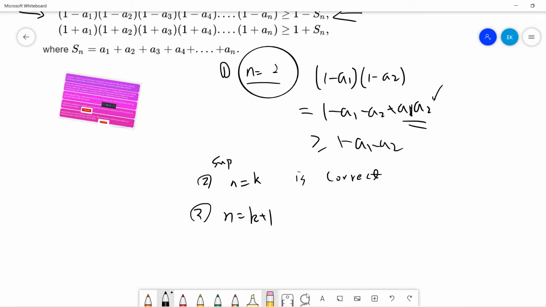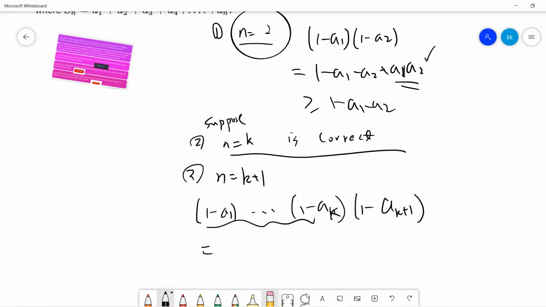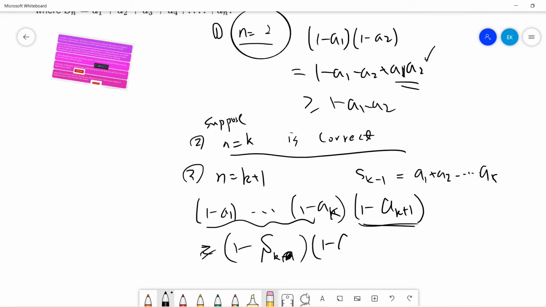So we get the product up to (1 minus a_k) times (1 minus a_(k plus 1)). By the n equals k case, we get greater or equal to 1 minus Sk, and the important thing is that this factor needs to be positive. So you can write it as (1 minus Sk) times (1 minus a_(k plus 1)).